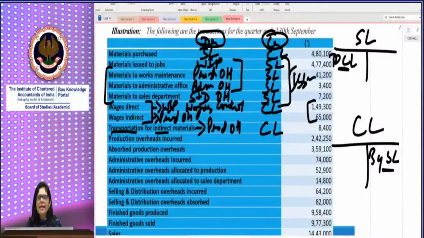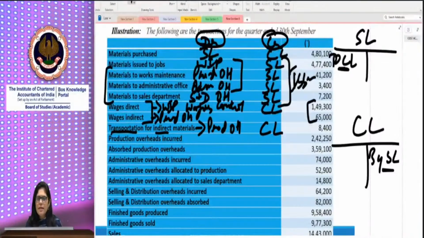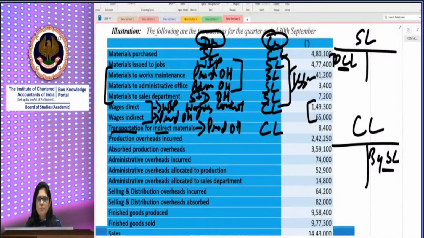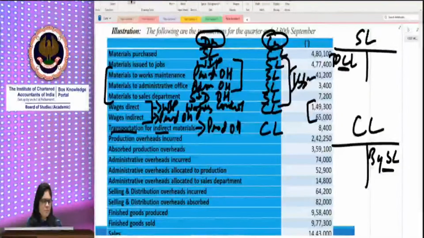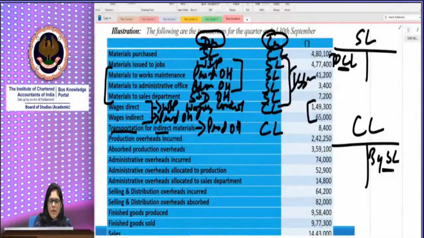It's a direct entry coming from outside, not coming from stores ledger. It's a transportation cost for indirect material. Transfer it to production overhead control account directly, routing through CL account. Clear? Very good.